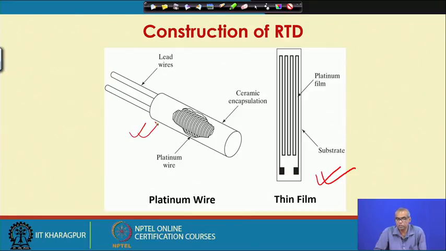So, the difference between these two is one is wire, another is thin film. Both work as resistor element.